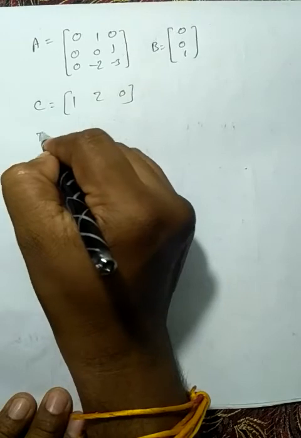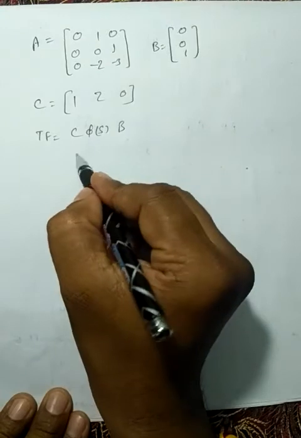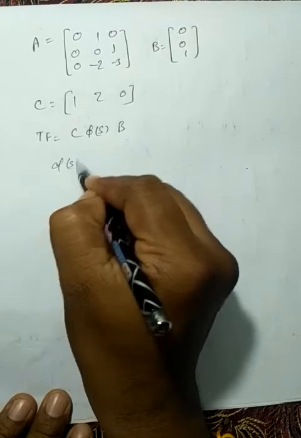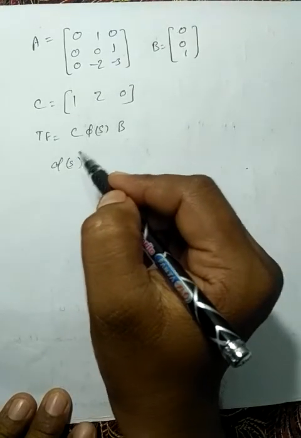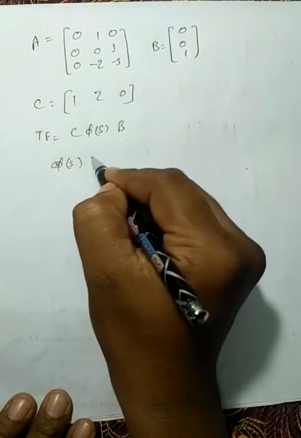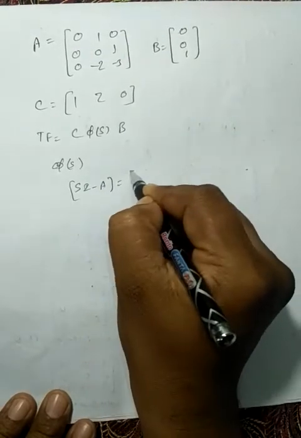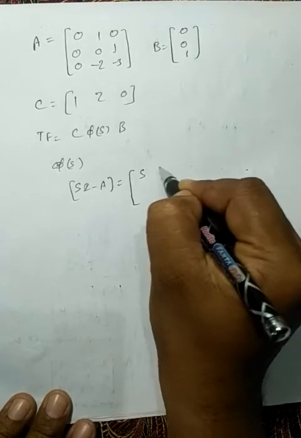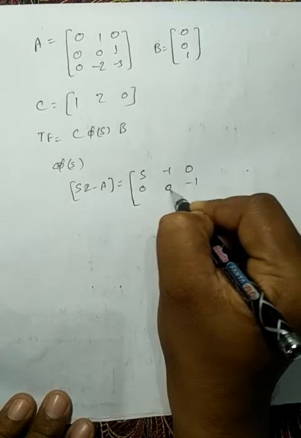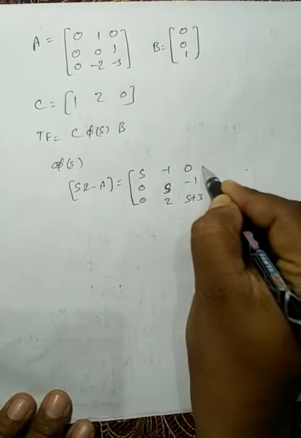So for the transfer function, we have C phi(s) B. What will be our phi(s)? For phi(s), we have to calculate sI minus A, and sI minus A is S, minus 1, 0, 0, S, minus 1, 0, 2, S plus 3.